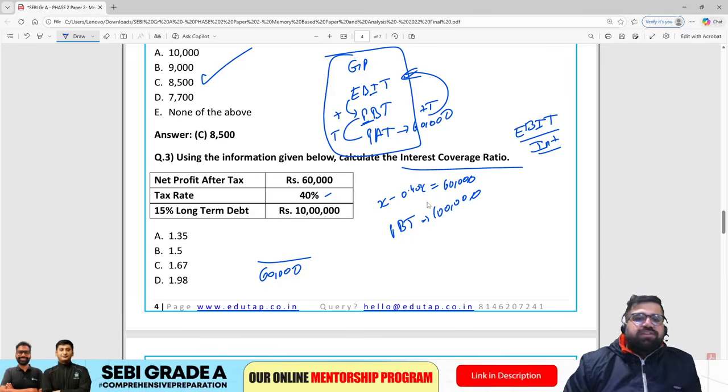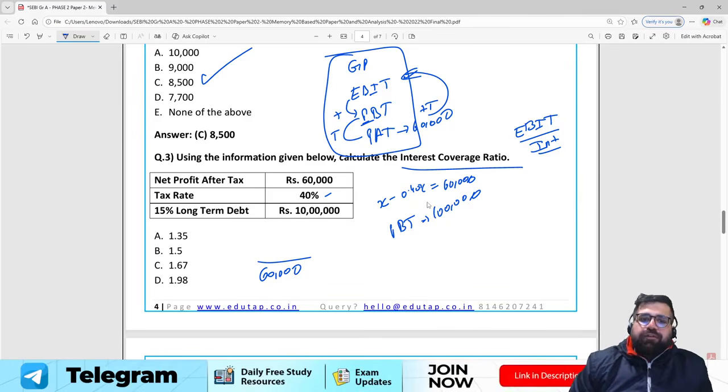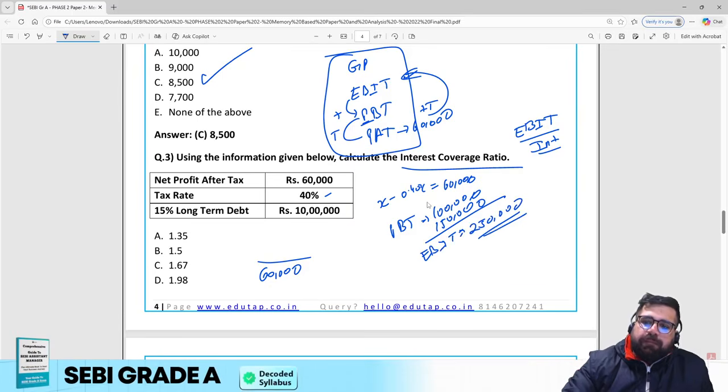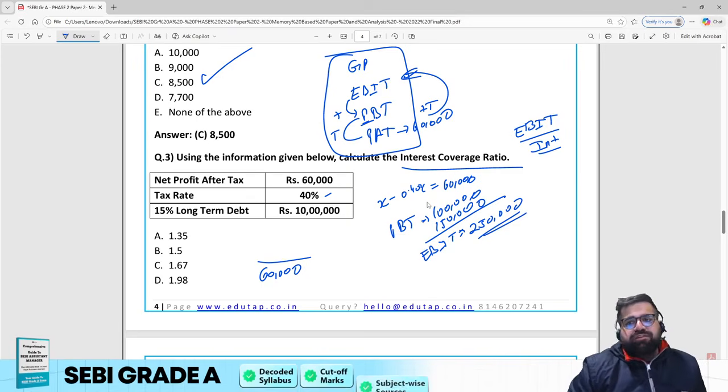Right? What is the interest obligation which I have to pay? 15% of 10 lakh, which will be 1,50,000. So if I add 1,50,000 to my profit before tax, my EBIT will come out as 2,50,000.